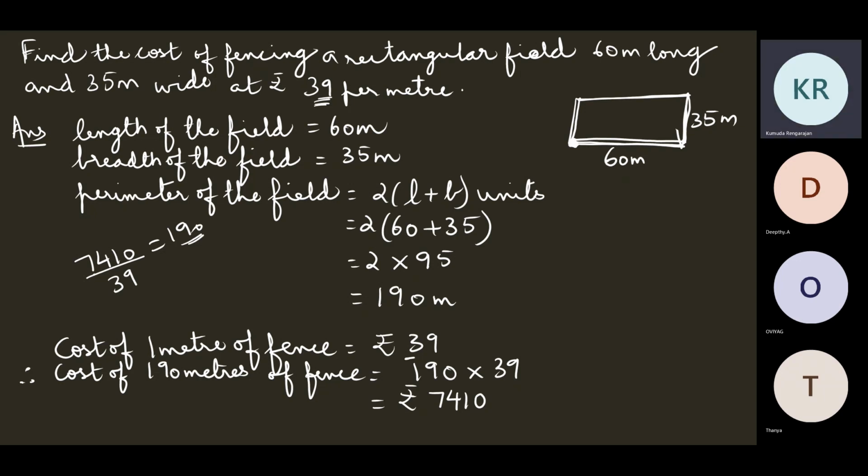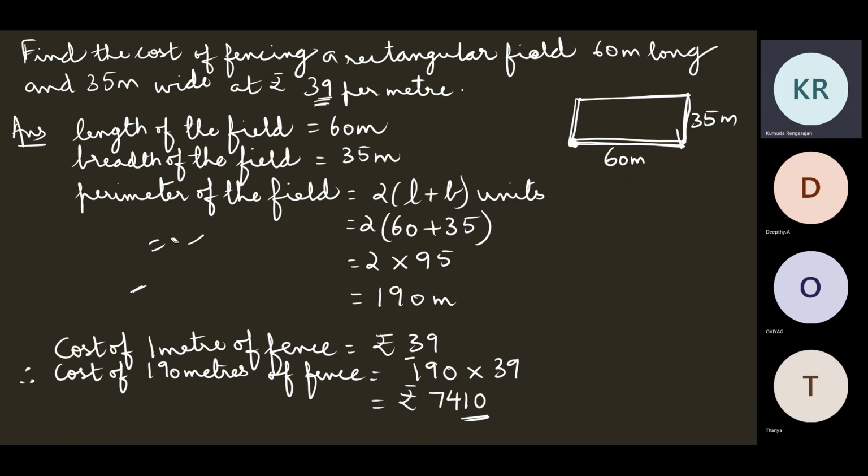When you divide the total cost of fencing by the rate of fencing, you will get the perimeter of the field.